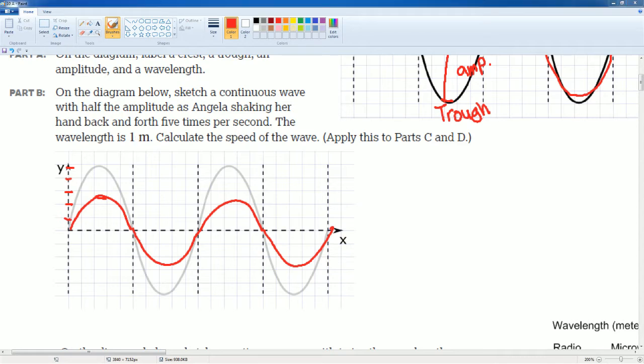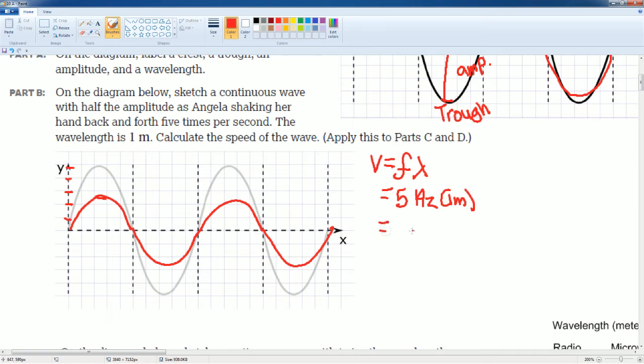Now it says to calculate the speed of the wave. The equation can be defined as velocity is equal to the frequency times the wavelength, lambda. The frequency here is, let's say, 5 hertz. And then the wavelength here is going to be 1 meter.